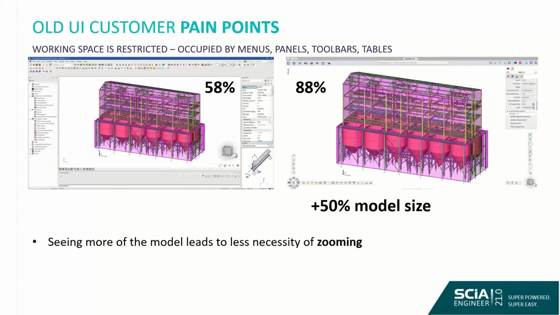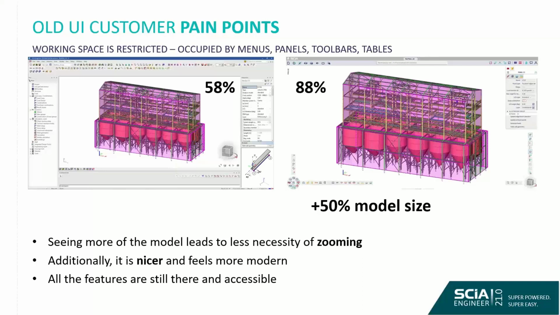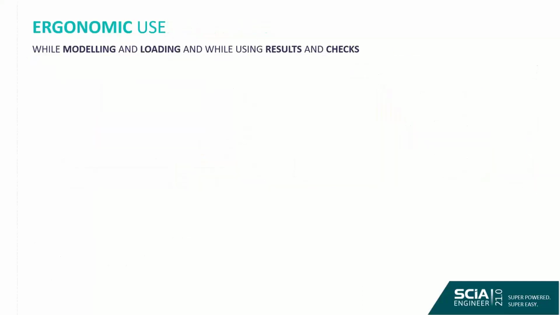The benefit is that seeing more of the model leads to less necessity of zooming, because some things are just better visible. Maybe I'm being subjective, but it's nicer and feels certainly more modern. At the same time, all the features are still there and accessible as they were, yet in a maybe somewhat adjusted way.